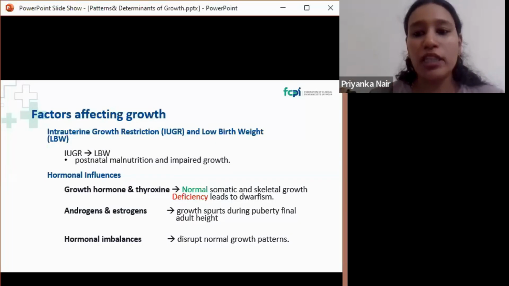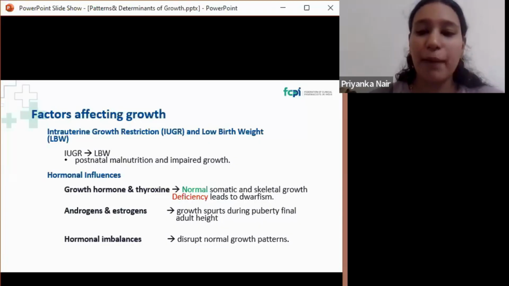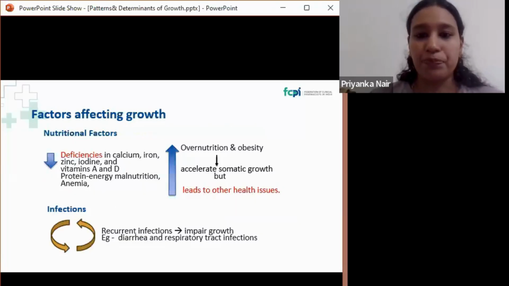Then there are hormonal influences. That is growth hormone and thyroxine in their normal amounts would lead to proper somatic and skeletal growth, while their deficiency would lead to dwarfism. On the other case, androgen and estrogens would lead to growth spurts during puberty and contribute to the final adult height. On the other case, we have hormonal imbalances that disrupt normal growth patterns.